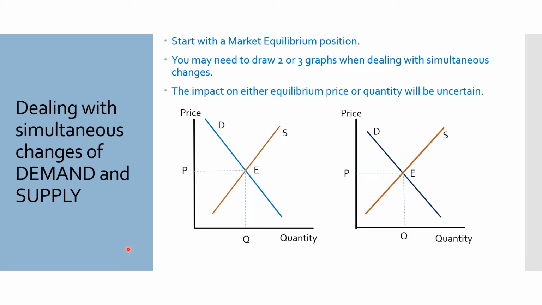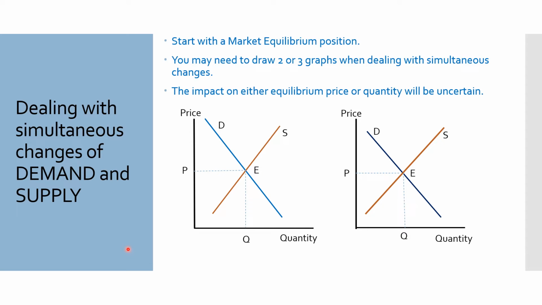change in demand? Now, this would all make sense if you were looking at your own product. For example, if you were looking at factors that would affect your supply and factors that would have affected your demand, you're going to have to consider all of those and then try and work out what will the impact be on my equilibrium price and what will the impact be on my equilibrium quantity. Now, in order to do this, you're going to usually have to draw at least 2 or 3 graphs.